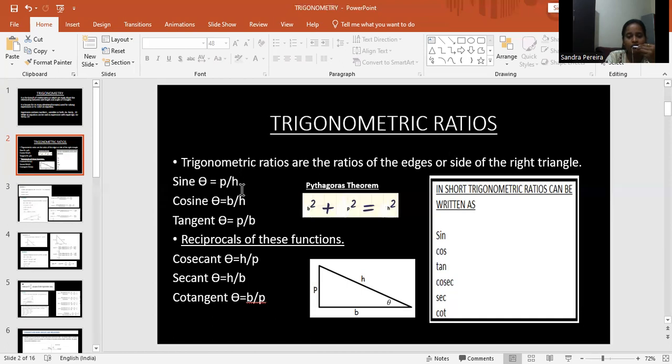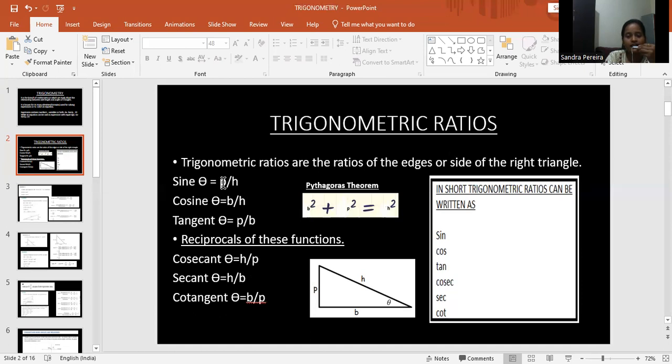Reciprocal means your denominator will go to the numerator and the numerator will become the denominator. This is the change in reciprocal.